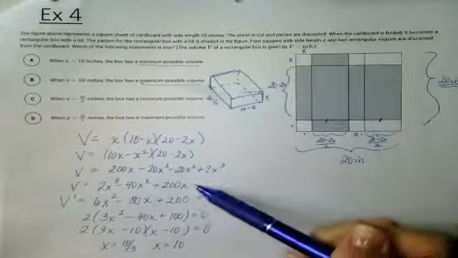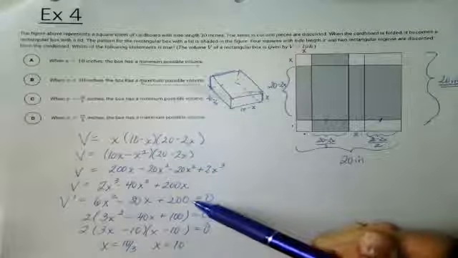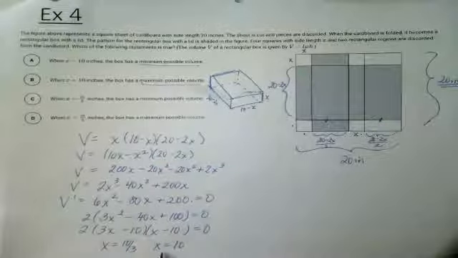All right, so I got my volume function, and then I took my derivative and was able to factor it, and I come up with these x values, and let's talk about these x values. Specifically, x equals 10. Can x equal 10?